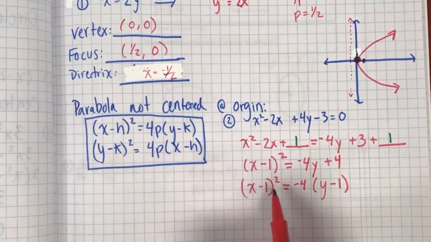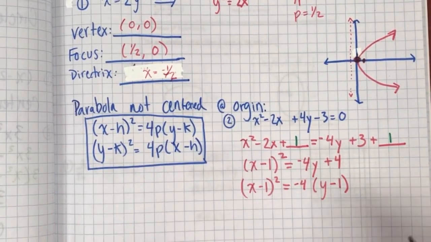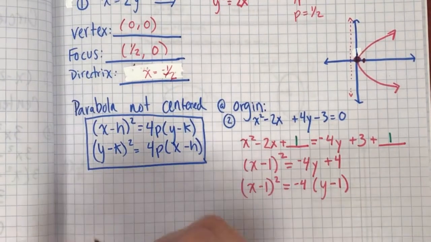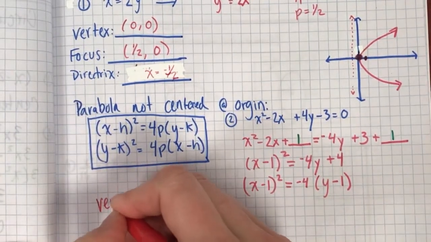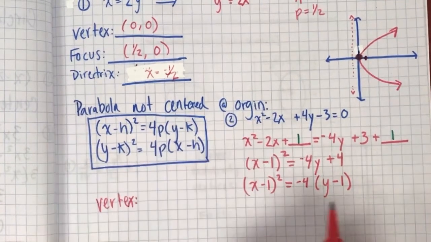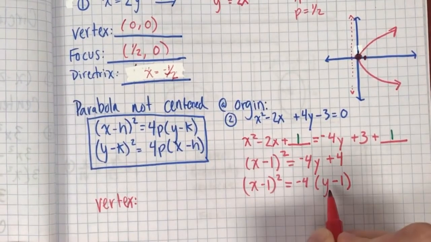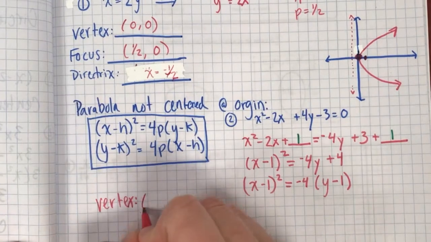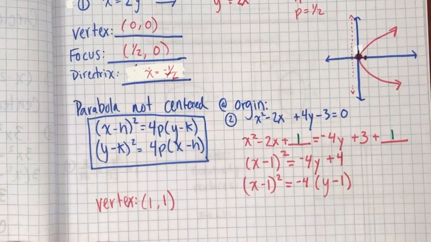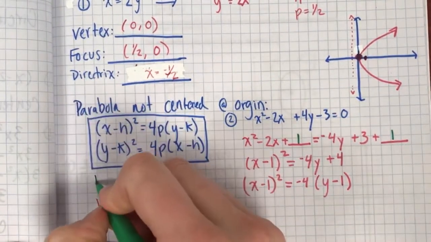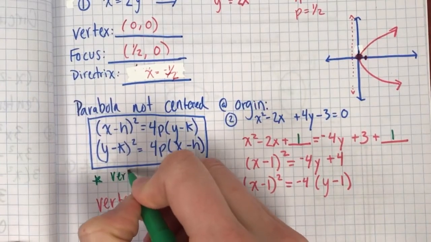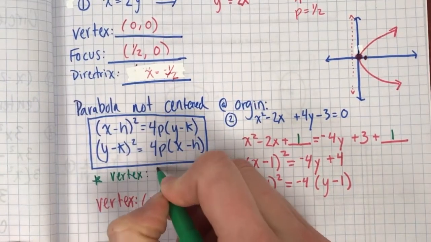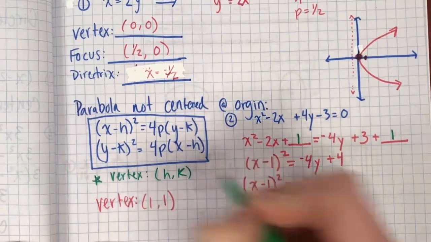Now because my x value is squared, it's going to open up or down, and we can find all the things we need to. So our vertex is centered at 1, 1. We can make a little note here. Our vertex is at h, k.